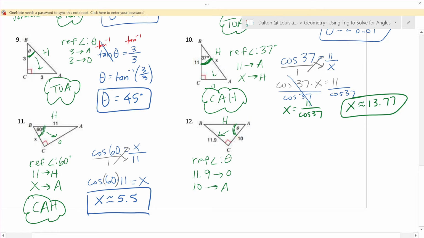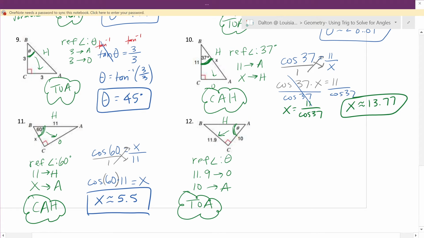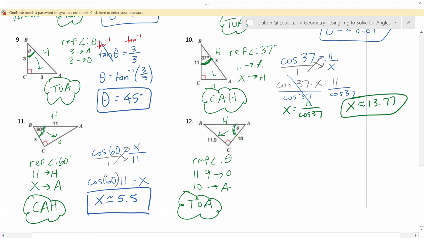So if I look at SOHCAHTOA, again we are using tangent because it has O and A. So once you figure out what you're using, set up your equation. Tangent of the angle, theta, is equal to opposite over adjacent. So that'll be 11.9 over adjacent, which is 10. Now we're back to the scenario that we had earlier.